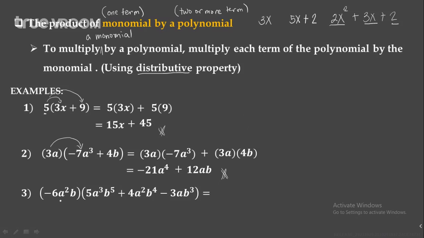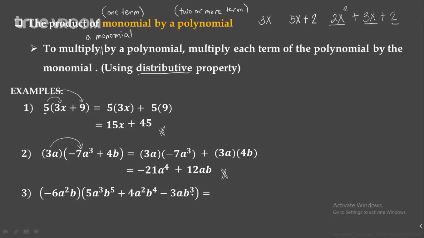We have number 3. Example number 3: negative 6a squared b times the polynomial 5a cubed b raised to the 5th power plus 4a squared b raised to the 4th power minus 3ab cubed.